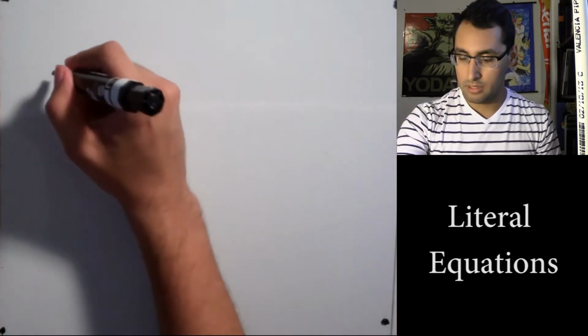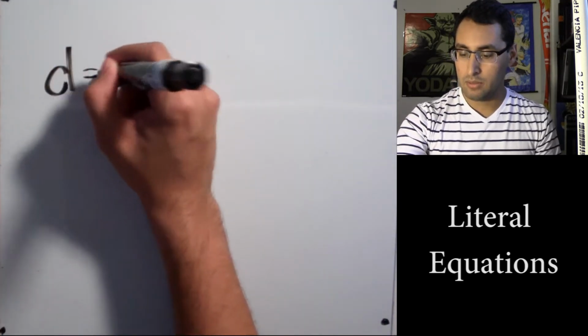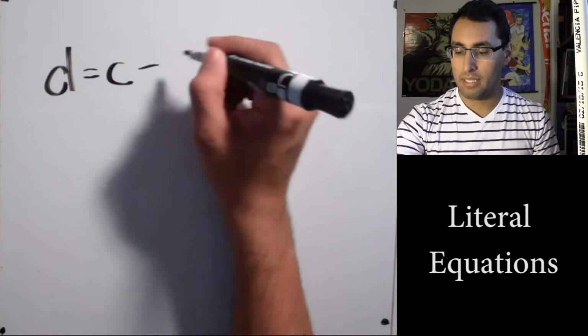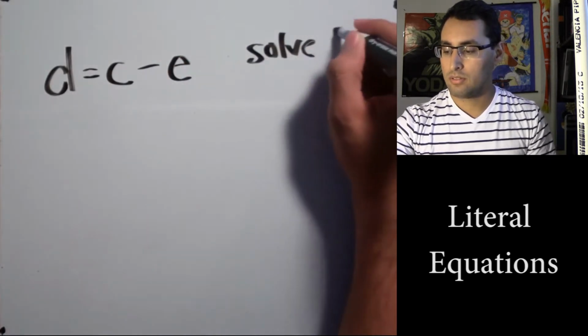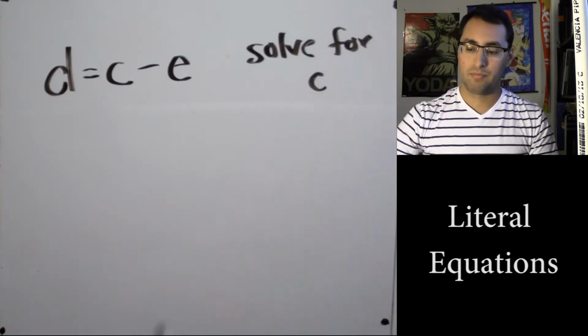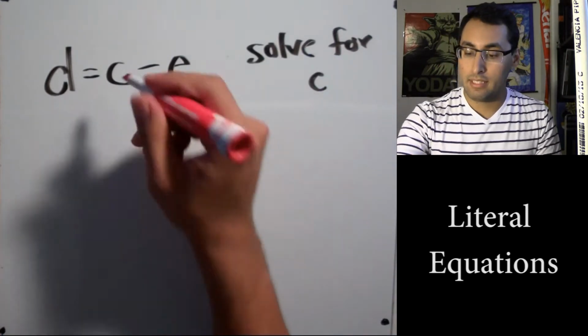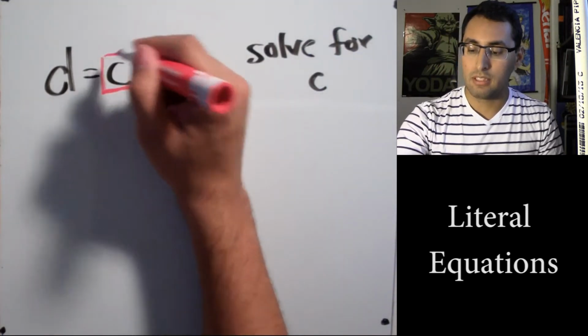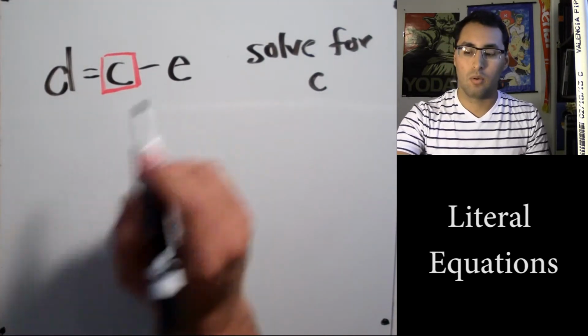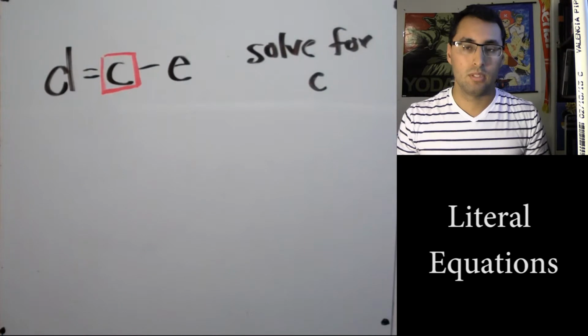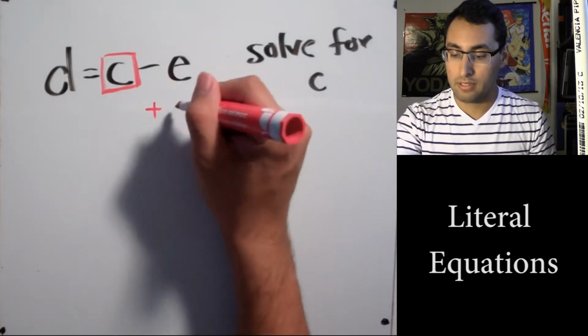Let's do D equal to C minus E. In this case, we're going to solve for C. If I need to get this variable by itself, I need to get rid of subtracting E. What's the opposite of subtracting E? The opposite is adding E. So I'm going to add E over here.